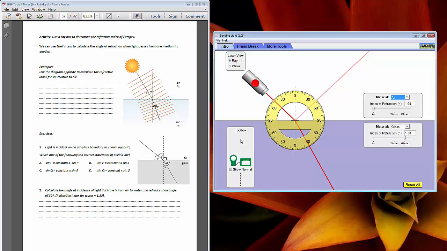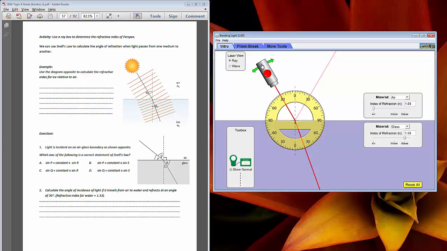So in this case, theta 1 is, we can make it something really nice, 30. And if theta 1 is 30, then theta 2 here is 20. And we know that n1 is 1 and we know that n2 is 1.5. So what you can do is just put those numbers in and double check that corresponds to Snell's law.